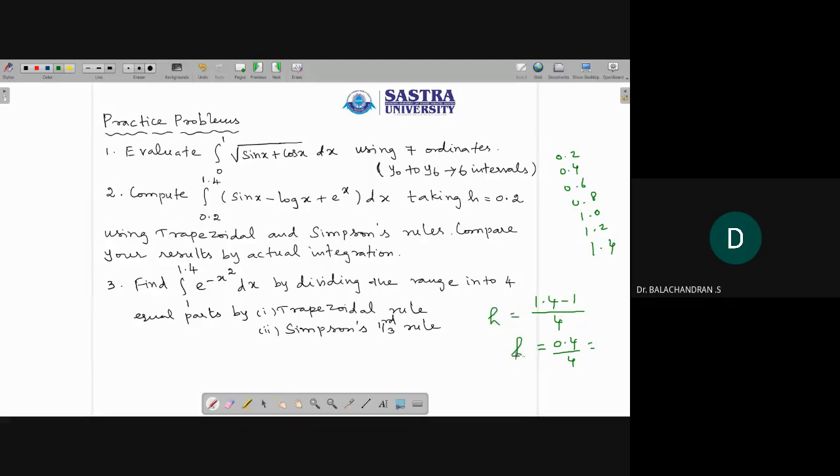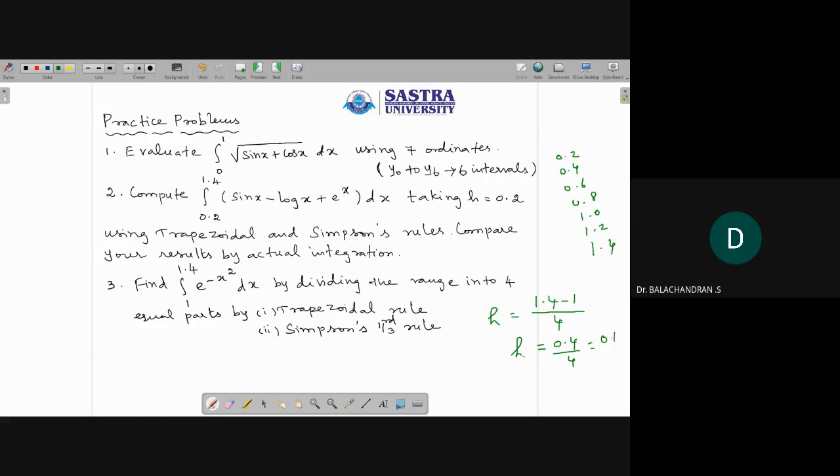So using this h, you can solve this problem using trapezoidal rule and Simpson's one-third rule. Okay, so try. If you have a doubt, you can ask me. So this is 0.1.